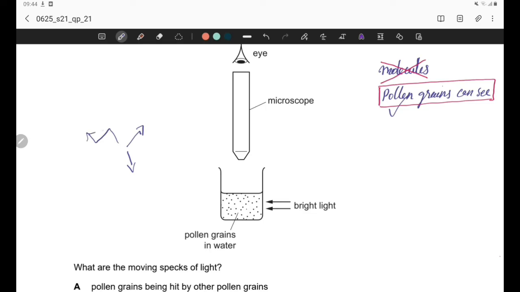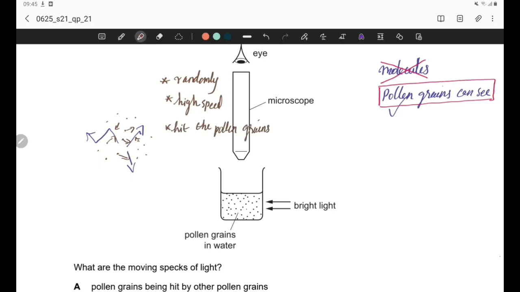It is because the small molecules inside this liquid, even though we cannot see them through the microscope, are there and they will be moving in random directions with very high speed. So the molecules in the liquid, moving randomly with high speed, will hit the pollen grains.